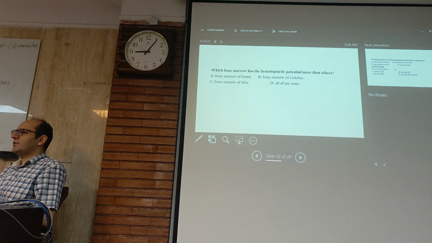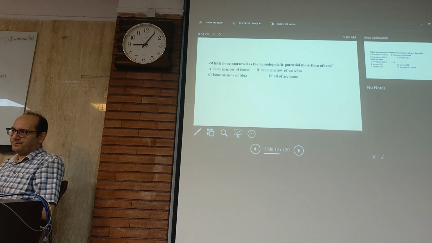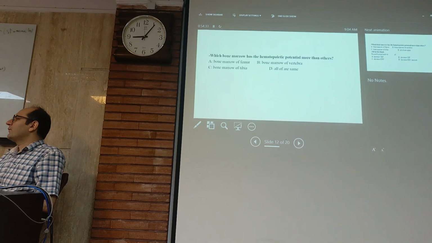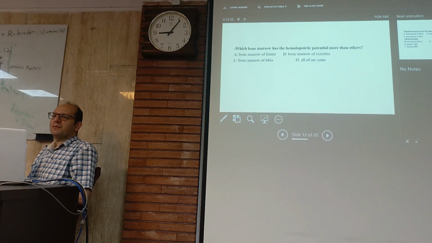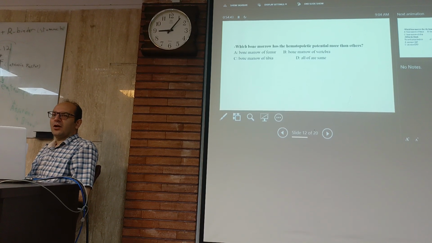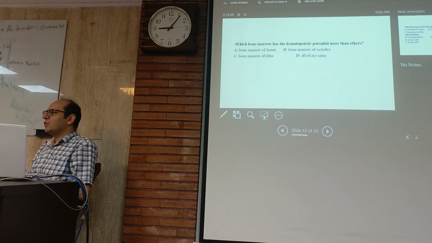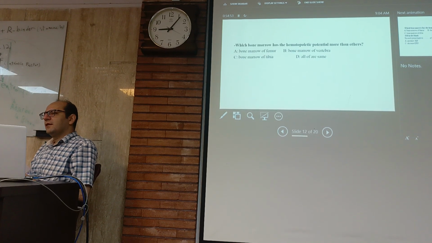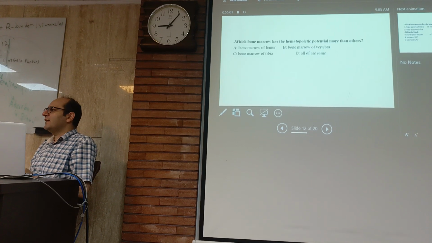What do you think about this question? Which type of bone terminated RBC production early? Long bones. Okay. So if the long bones stop RBC production earlier, that means A is incorrect.